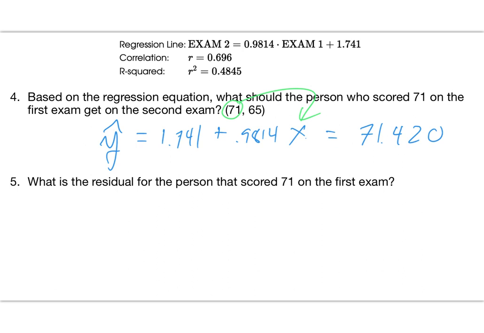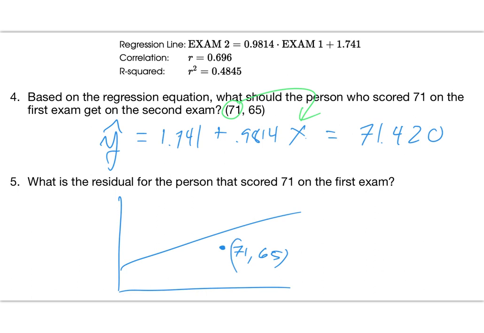And when you hover over that plot, our plot looked something like this. We had a line, we had data points. 71, 65, I know is under the point, because this right here above it was supposed to be 71.420. That's what it was supposed to be if I plugged it in the equation.